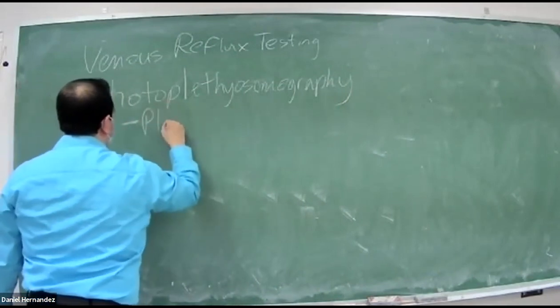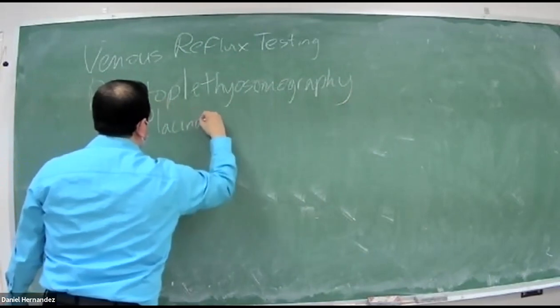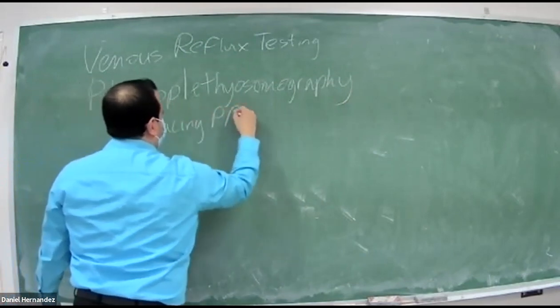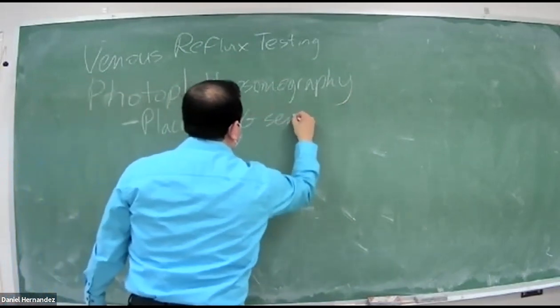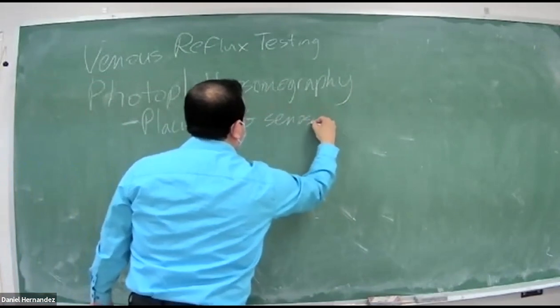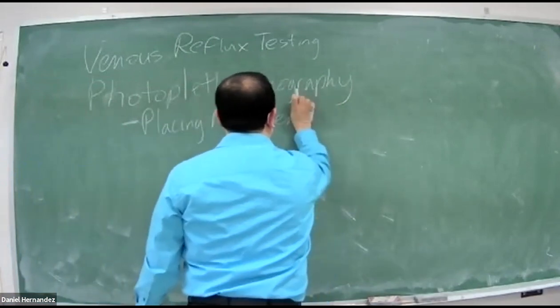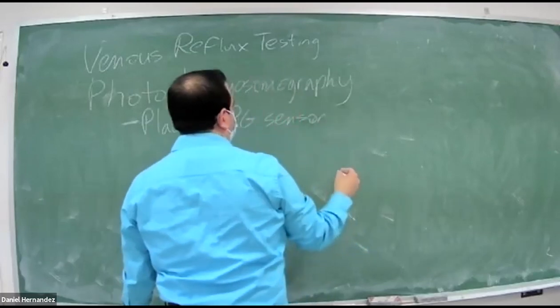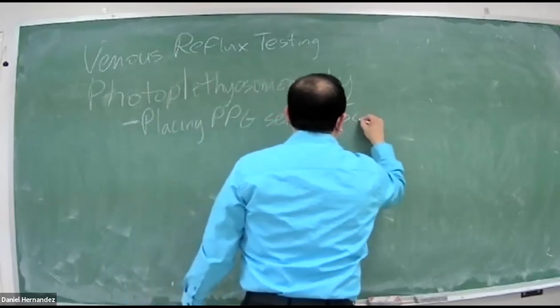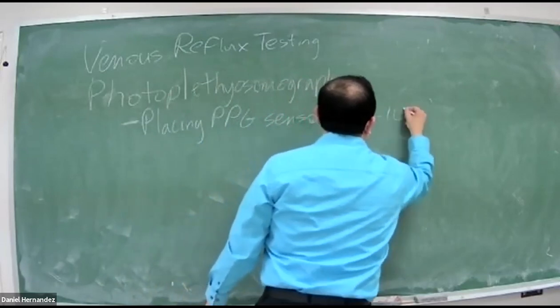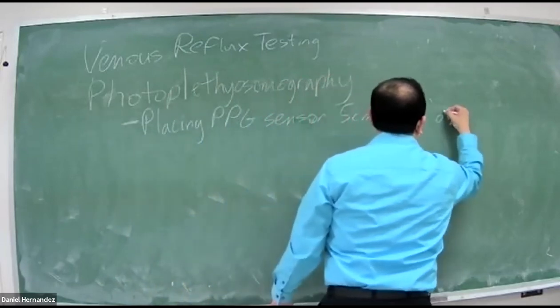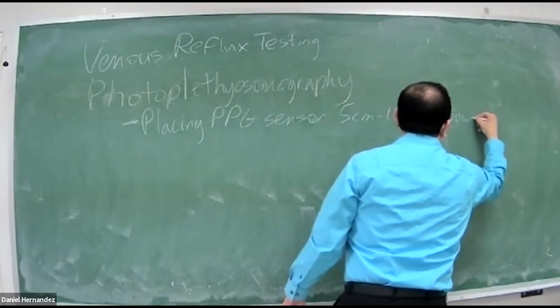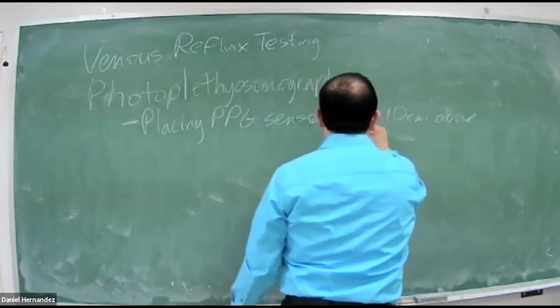With this, we're placing a PPG sensor five to 10 centimeters above the medial malleolus.